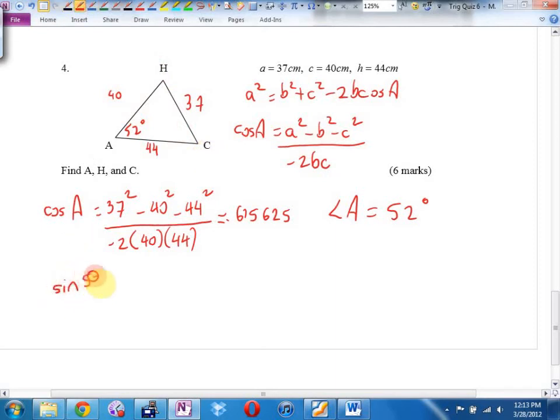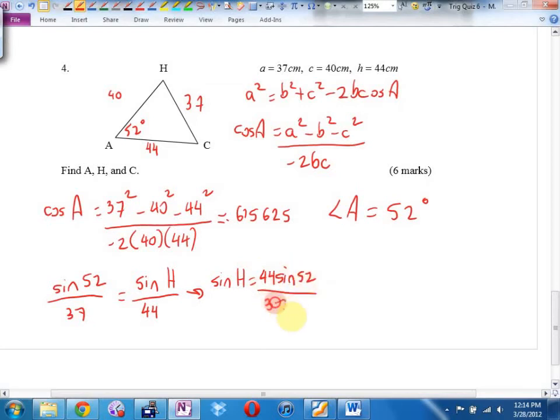Sine of 52 over 37 equals sine of big H over 44. Sine H equals... no, not right, Mr. Dueck. 44 sine 52 over 37.